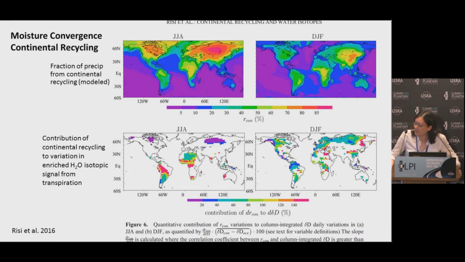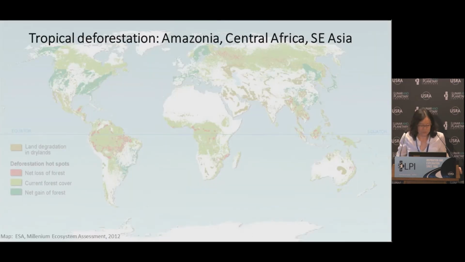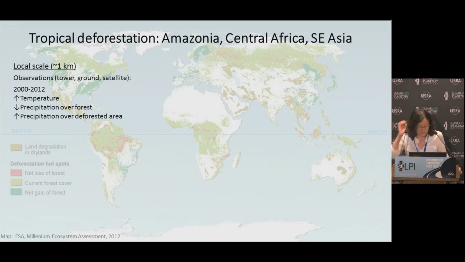Below is a study trying to back it out from oxygen or water isotopes, in which they surmise, based on transpiration being less enriched than plain evaporation, how much recycling is happening. So there's a lot happening in the tropics and mostly interior continental areas. Backing this up for the tropics is a concern because deforestation in the tropics could be driving loss of precipitation.